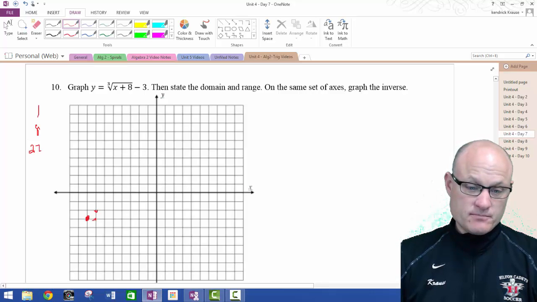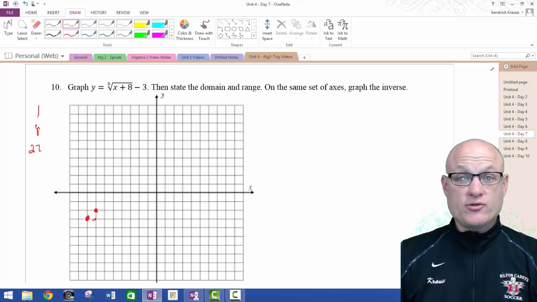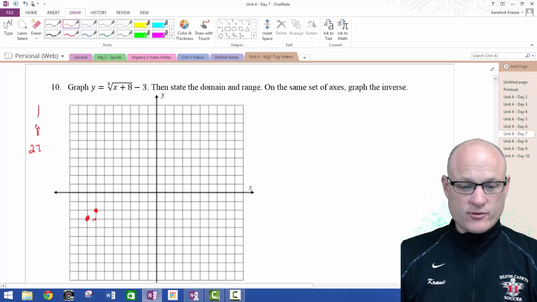Right here. The next number I want to use is 8. So that means it takes me all the way over here. Well, that's really an x value of 0. And if I plug 0 into this function, 0 plus 8 is 8. The cube root of 8 is 2. 2 minus 3 is negative 1.